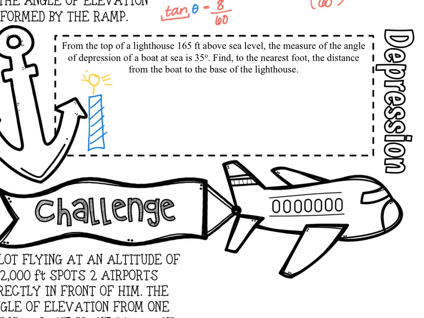My lighthouse is 65 feet above sea level. So the height here is 165 feet. Ooh, that's an ugly 6. Let me fix that. 65 feet. There we go. And the measure of the angle of depression of a boat at sea is 35 degrees.